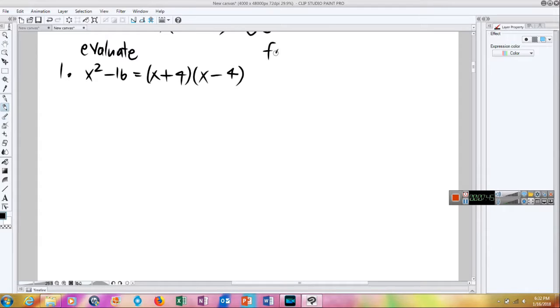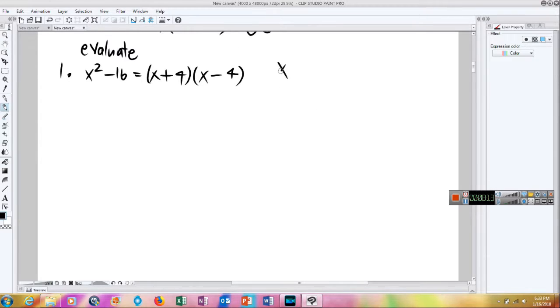You know the FOIL thing, FOIL, first, outer, inner, last. We're gonna basically do something like this, then this, then this, then this. Let me show you. This is just to explain how we get this expression from this expression to complete the equation here.